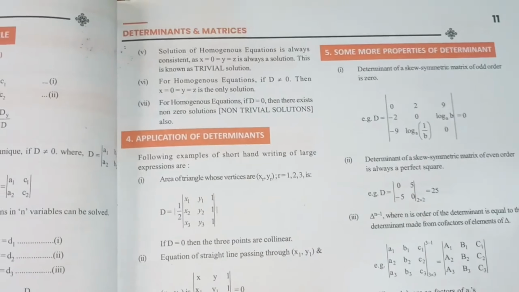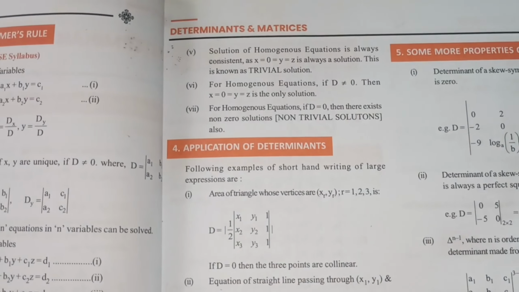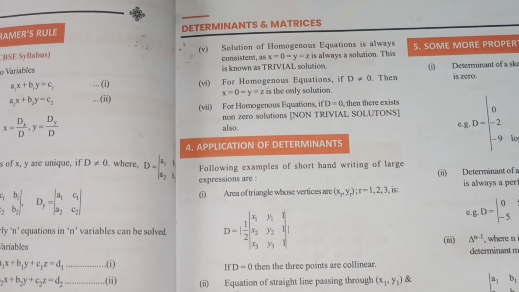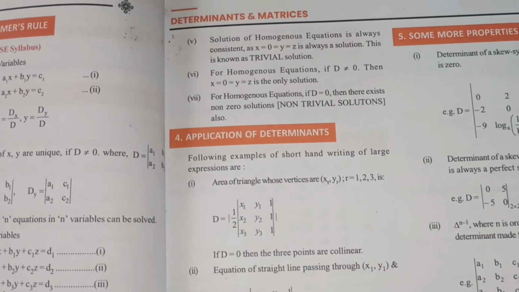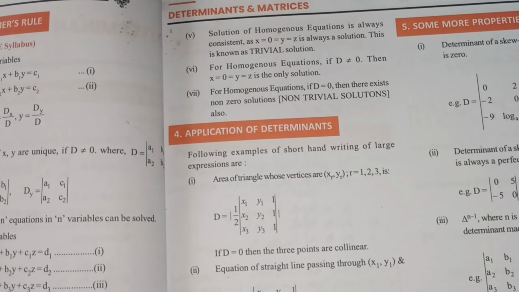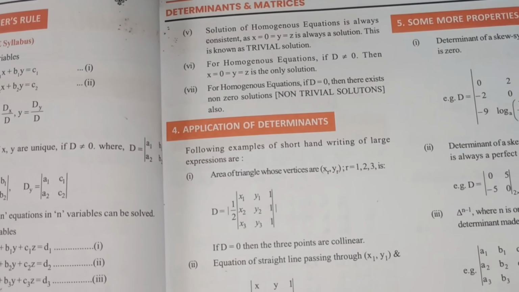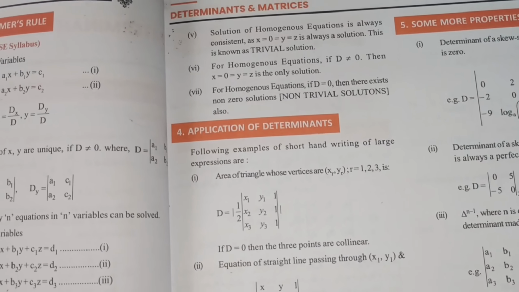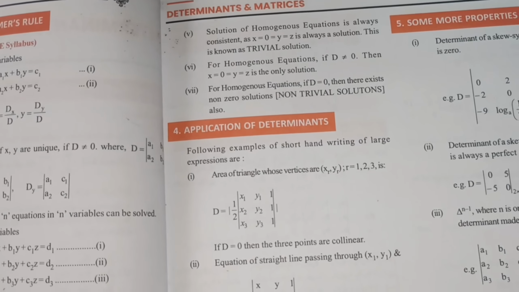Here, the solution of homogeneous equations is always consistent, as x equal to 0, y equal to 0 and z equal to 0 is always a solution. This is known as the trivial solution.